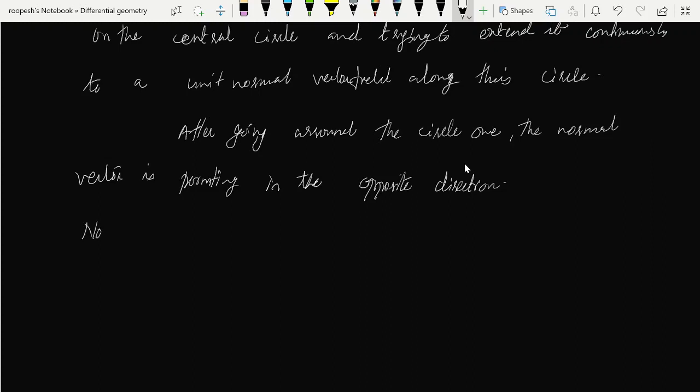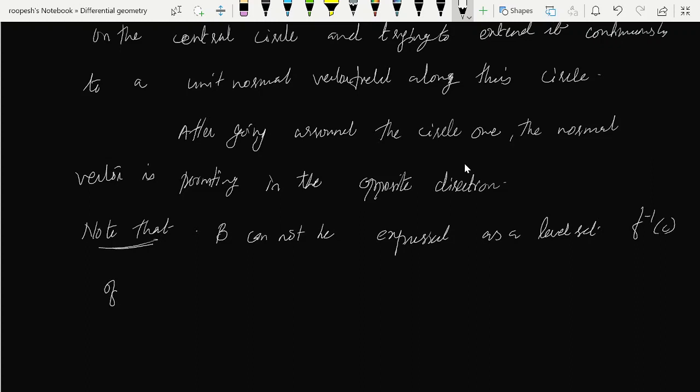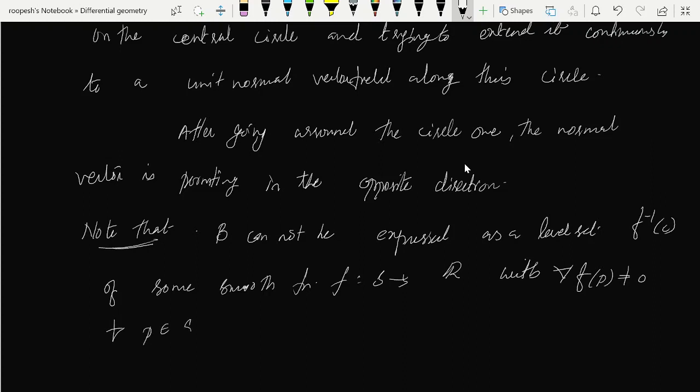So note that the Mobius band B cannot be expressed as a level set f inverse of c of some smooth function f from S to R with del f of p not equal to 0 for every p belongs to S.